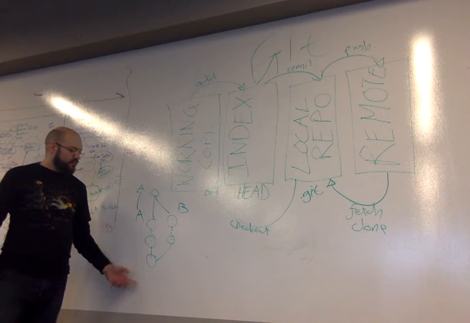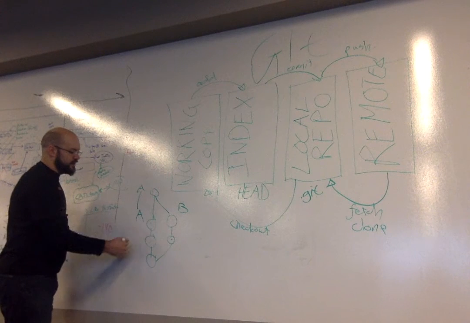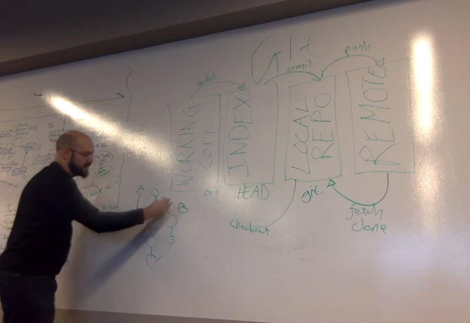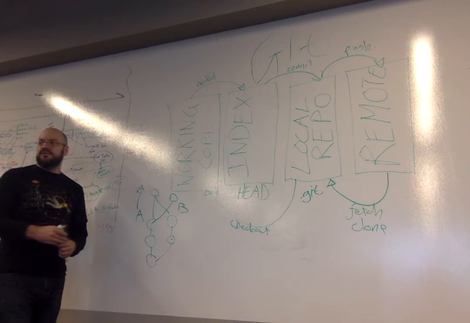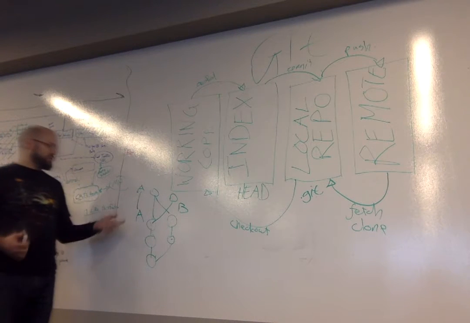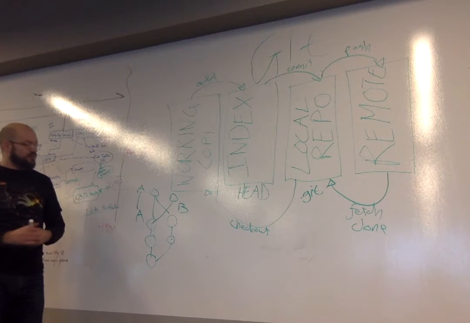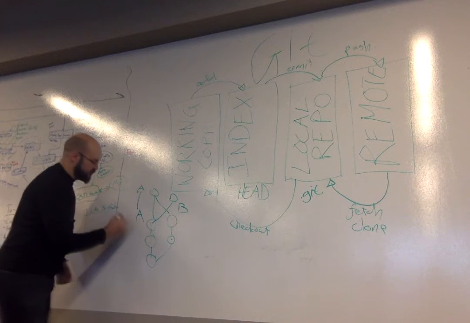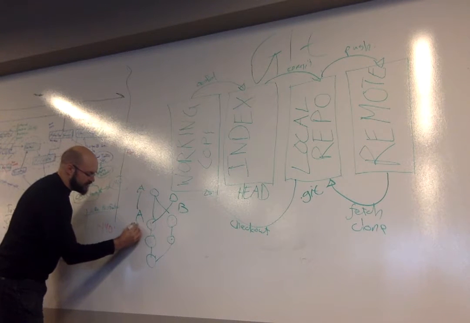As a result, you can be on this guy, make a commit, go to A, go back, make a commit, go somewhere else. That's a very standard case if this commit is both your feature branch A and master.